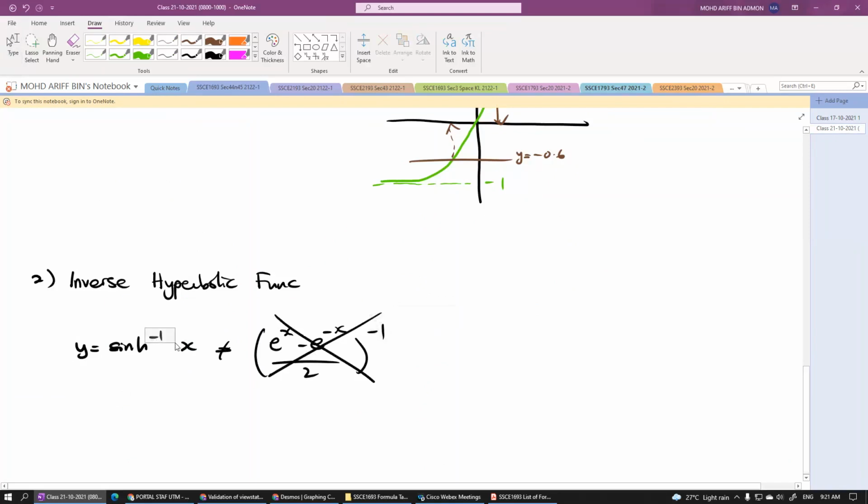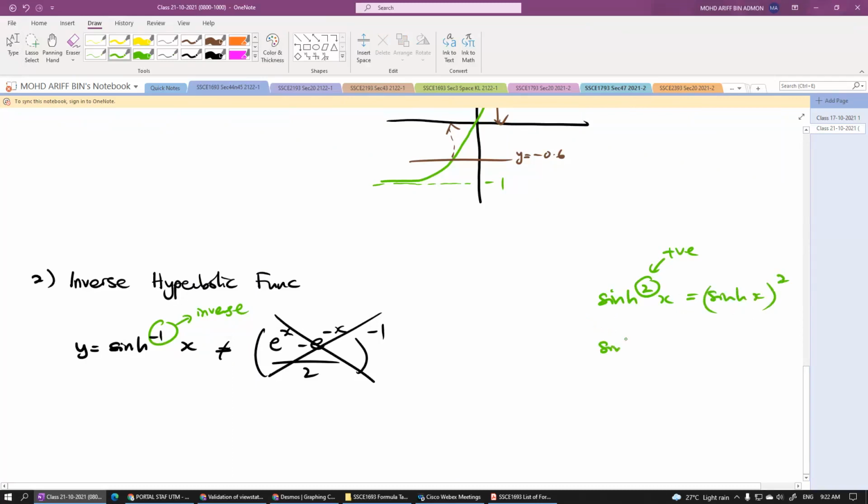This is not a power, this is inverse. If you have a power, yes, for example sine hyperbolic square x. If your power is positive, then this is similar, you put it outside too. This is correct.